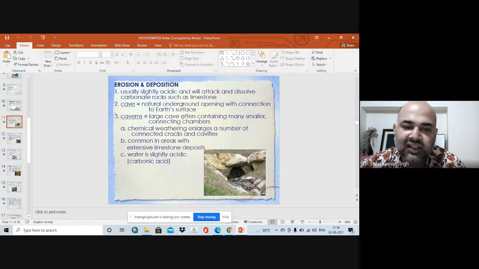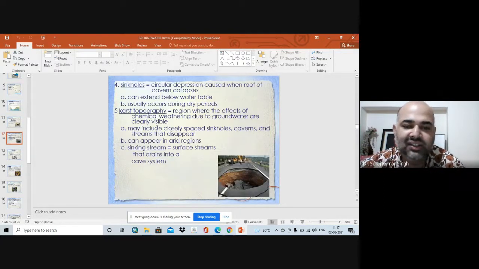They are large caves, often containing many smaller connecting chambers, and that is because of chemical weathering that enlarges a number of connected cracks and cavities, commonly in areas of extensive limestone where the water is slightly acidic in nature. So you will be finding such kinds of caves or crevasses in various parts of the country.